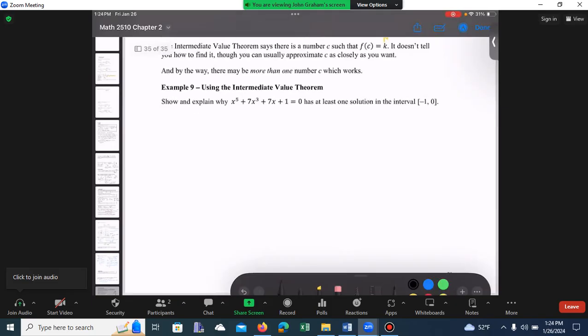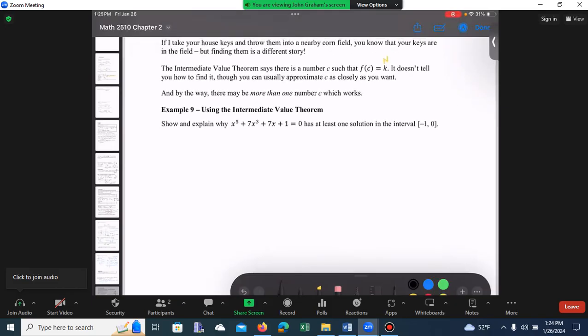All right, so let's do one last problem. Show and explain why x to the fifth plus 7x cubed plus 7x plus 1 equals 0 has at least one solution between -1 and 0. So we plug in -1 and find out what that value is.